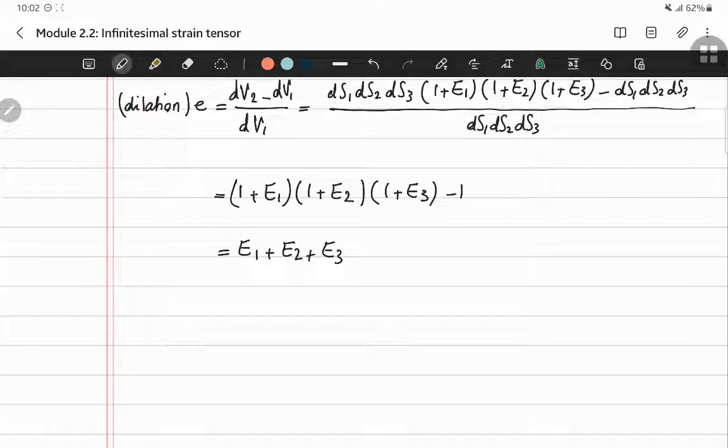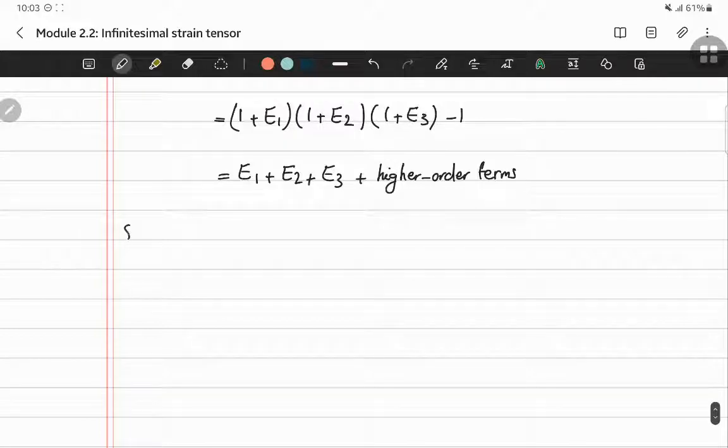It is the multiplication of 1 with each of these, and then some higher order terms, for example e1 e2 e3, and so on. We're going to neglect these terms because we are dealing with infinitesimal strains.